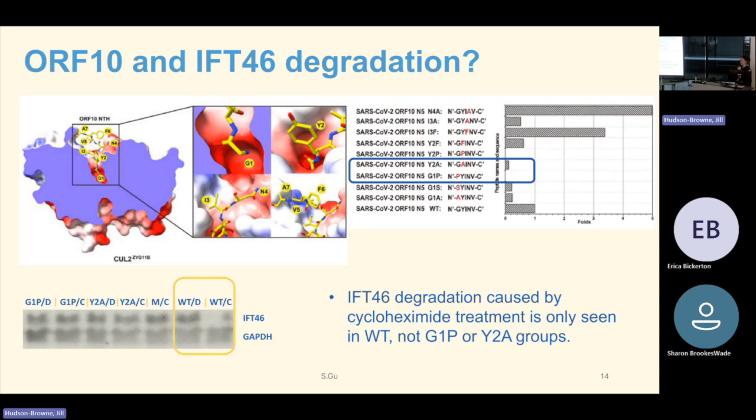Since I just started this sub-project, I only have very limited results to show here. The Western blot shows that the degradation of IFI44L is only present in the wild-type peptide group, not in the G1P or Y2A modified peptide group.